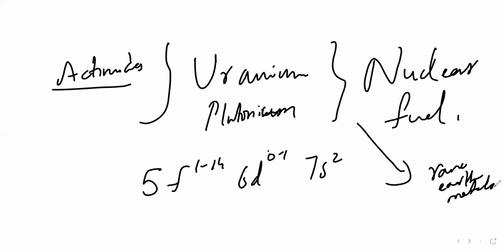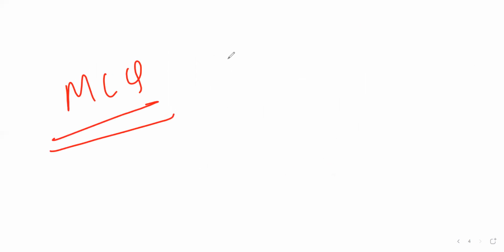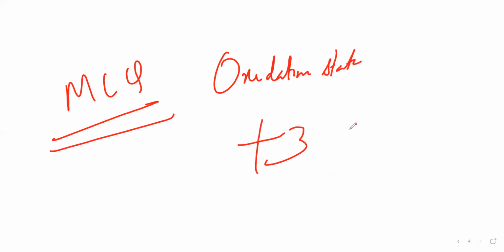Okay, so what this means is the f orbital will get filled first, then the d orbital, and last the s orbital. Clear? And one of the important questions for the MCQ in actinides, on oxidation state: blindly mark +3 as the answer.